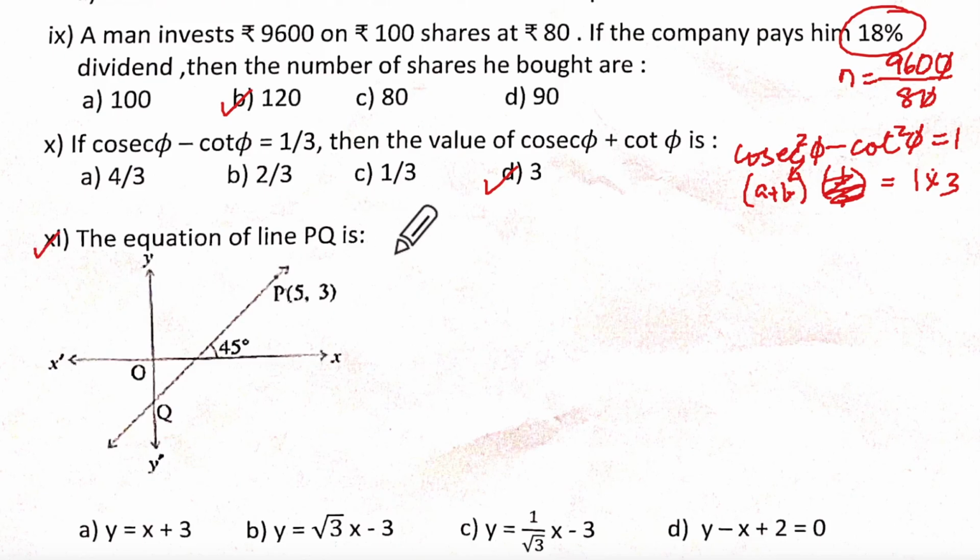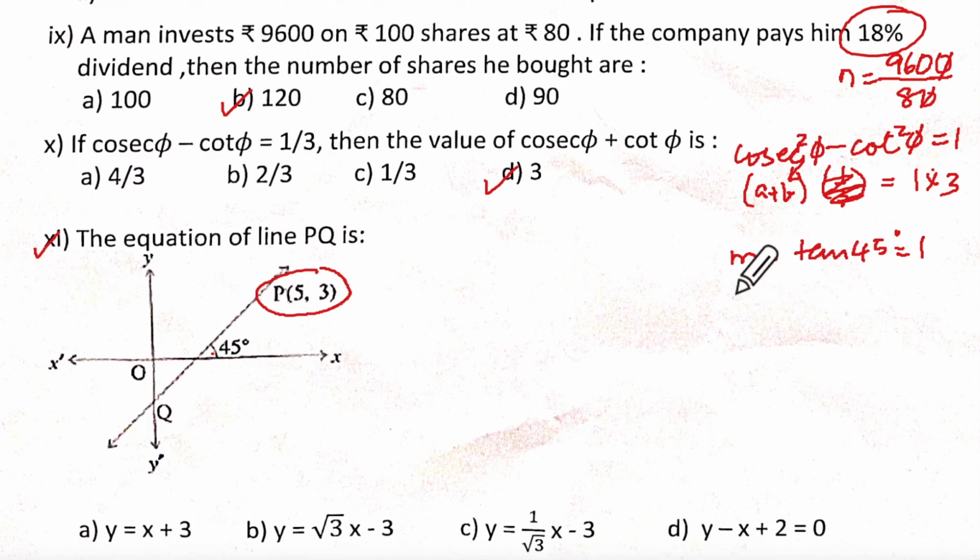11. Equation of line PQ. PQ has got slope m is tan 45 degrees, which means 1. And it is passing through the point 5, 3.